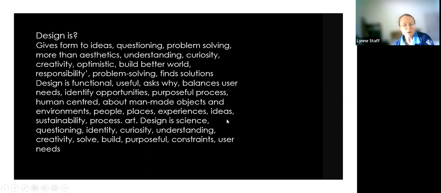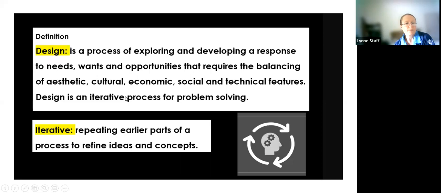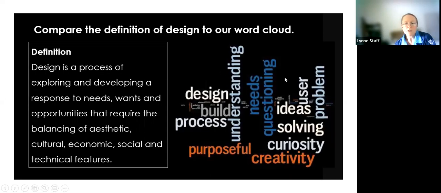And from this list, we're going to generate a word cloud. So we'll do that now. Okay, excellent. So here's our word cloud here on the right-hand side, and here's our definition of design on the left-hand side.